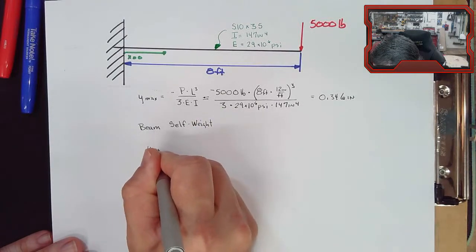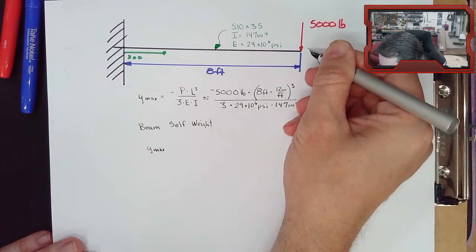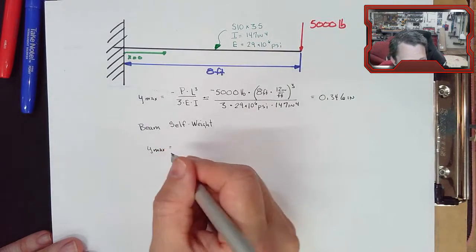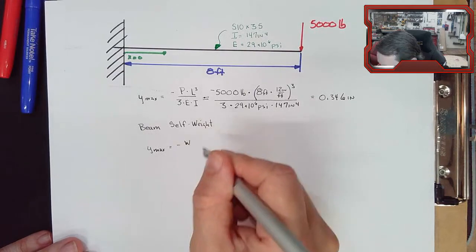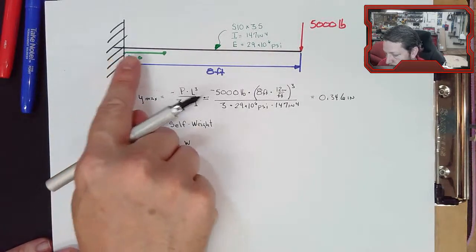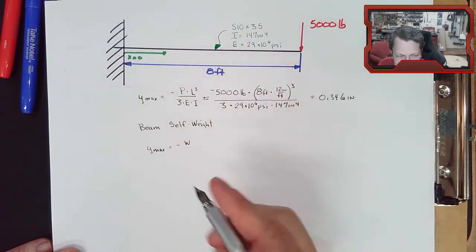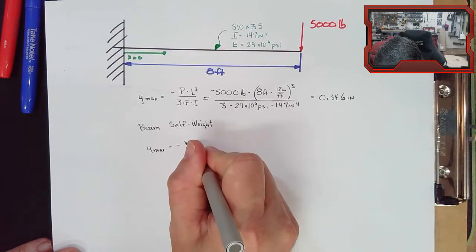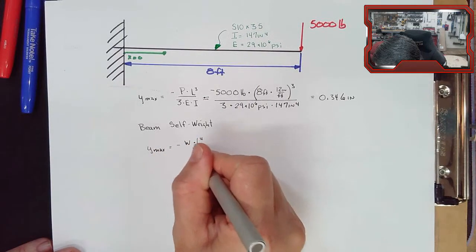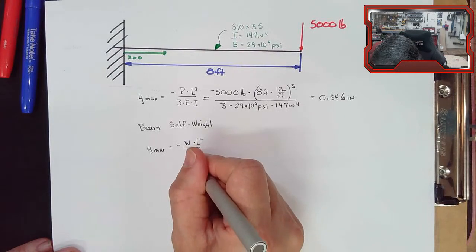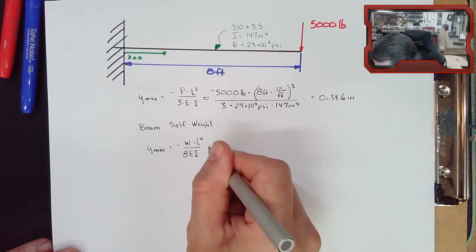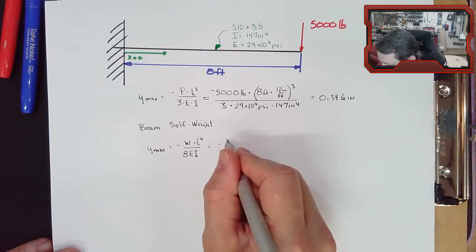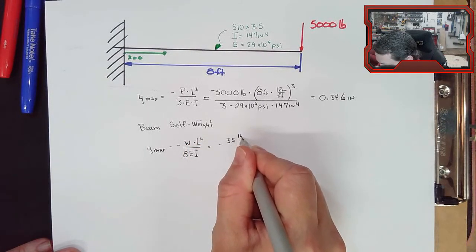Y max, also at the end of the beam, equals negative, because it's going down, W, the distributed load that would be spread across the whole beam, so that's the 35 pounds per foot, times L to the fourth over 8 EI. So like I said, W is 35 pounds per foot.